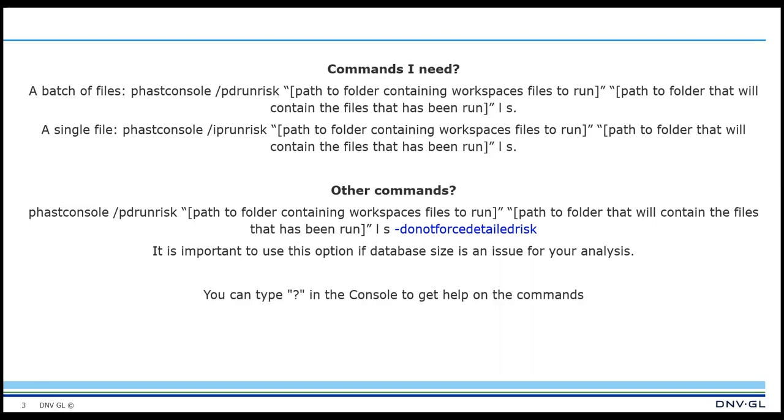You can also add the question mark in the console to get help on the commands. In practice, it is most convenient to save the commands to run the console in a .bat file and execute the .bat file either from the command prompt window or directly using Windows Explorer.